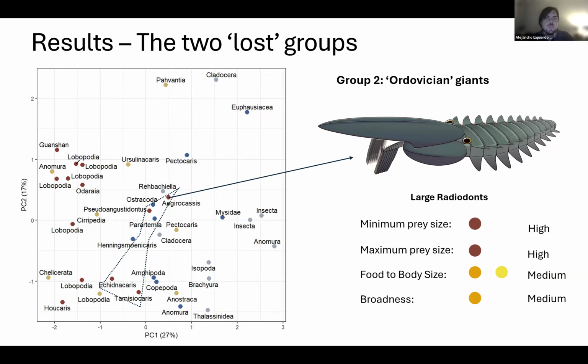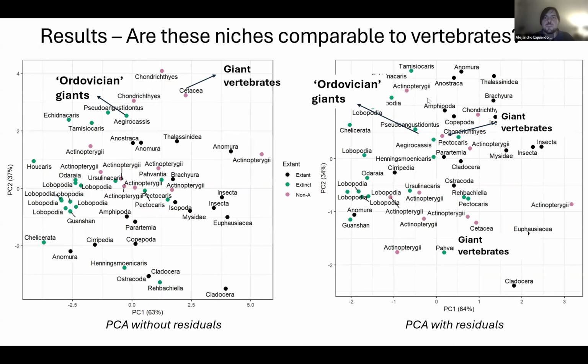So is that the case? In order to do that, we put some vertebrates to compare, and we have one PCA with the residuals and one without the residuals. So one has the influence of size, the other one does not. Without the influence of size, we have here on the right that it depends.